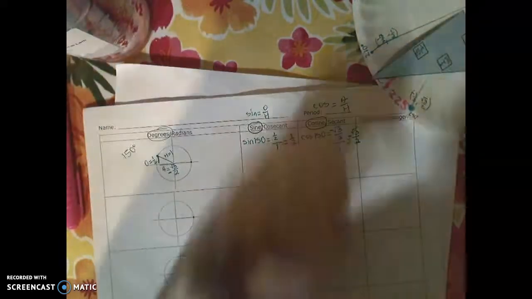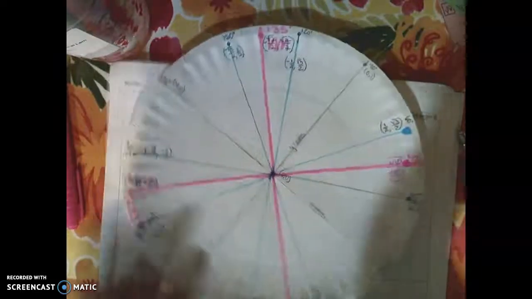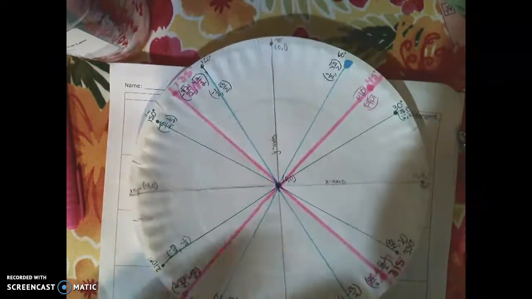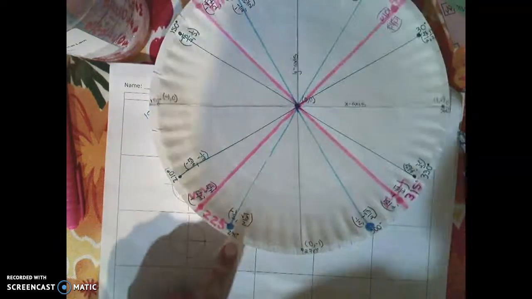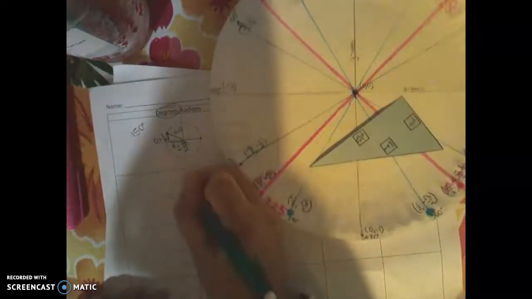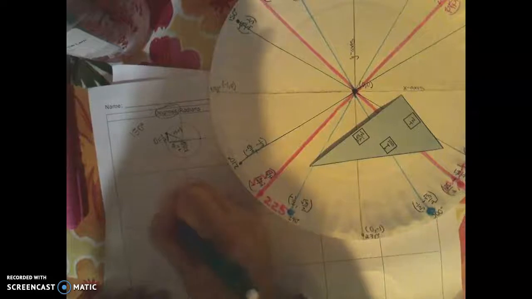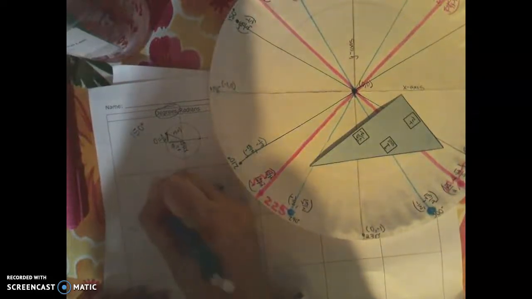Okay. And now I'm going to pick another random degrees, and this time I'm going to pick this angle down here, which is 240 degrees.